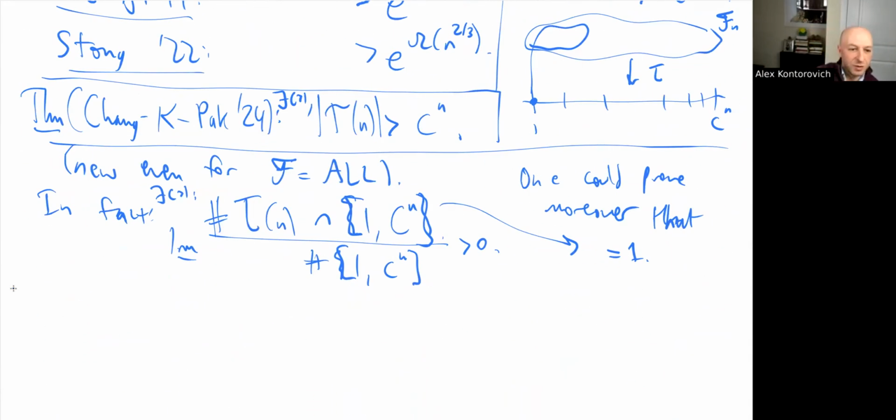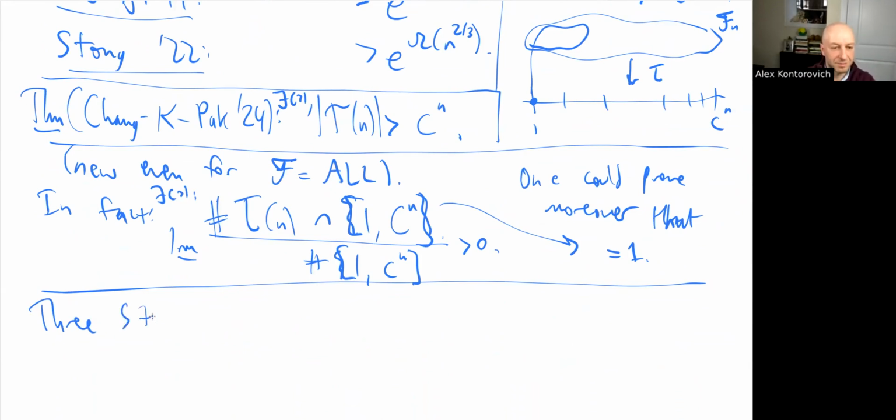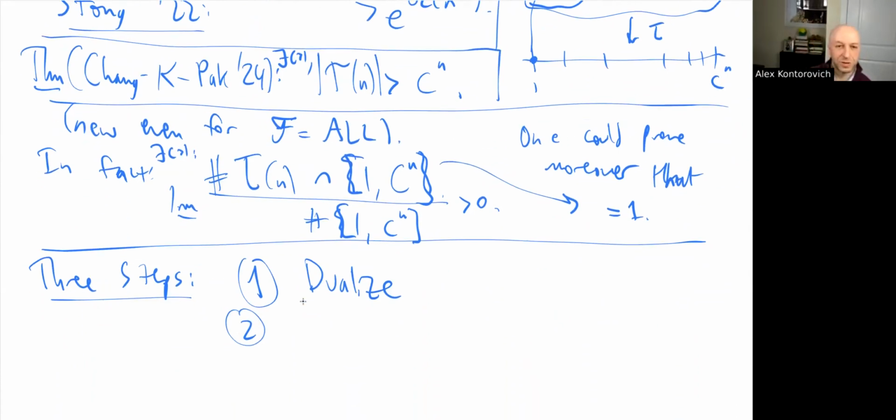Okay, so the proof of this theorem has sort of 3 steps. I'll try to illustrate it like this. So step 1 is to dualize. I'll explain what I mean by that. Step 2 is to reduce, well, maybe there's 4 steps.